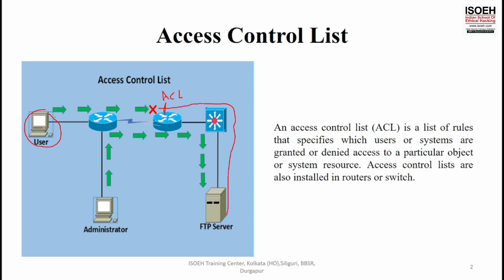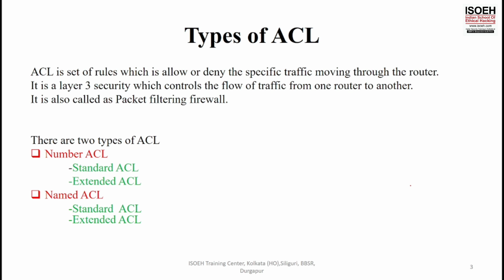I have already told you ACL is applied on routers and switches. Basically, ACL is a set of rules which allow or deny specific traffic moving through the router, because traffic is passing through routers.